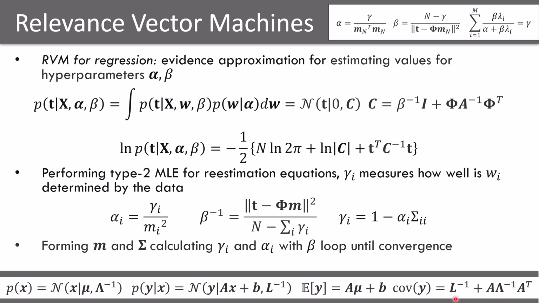The L is associated with our conditional probability, that will be the beta inverse times the identity matrix, and then we have A lambda inverse A transpose.